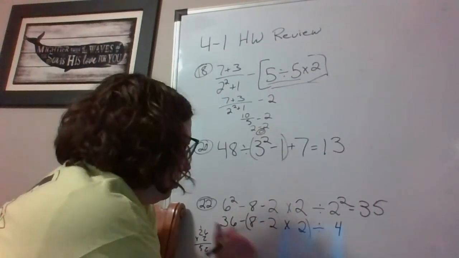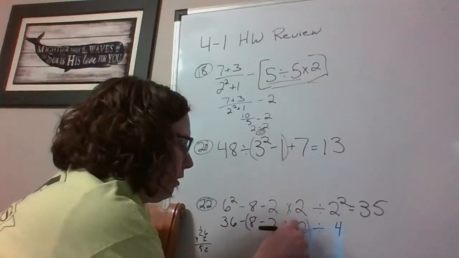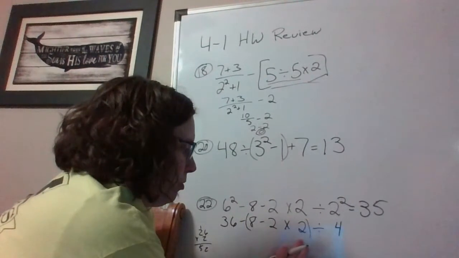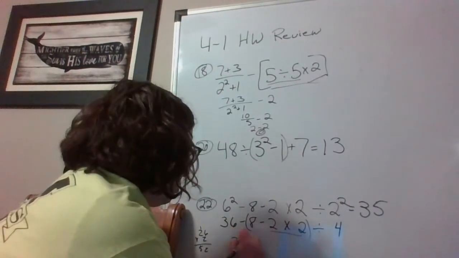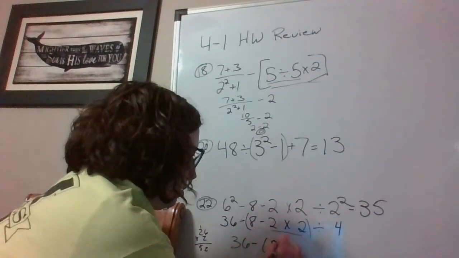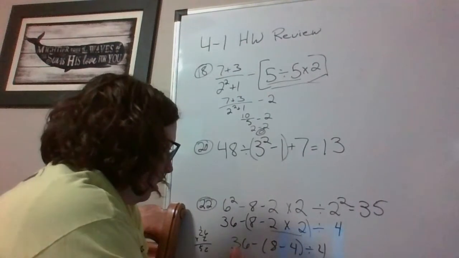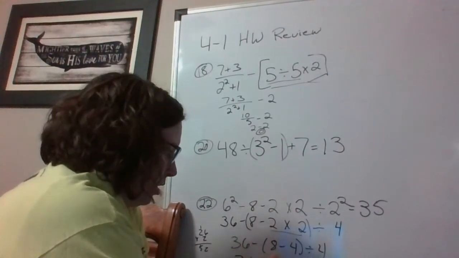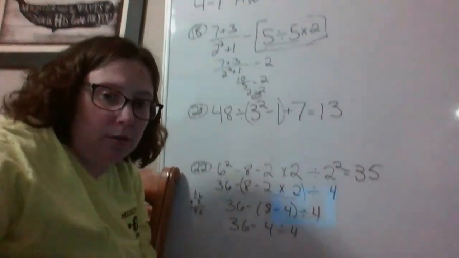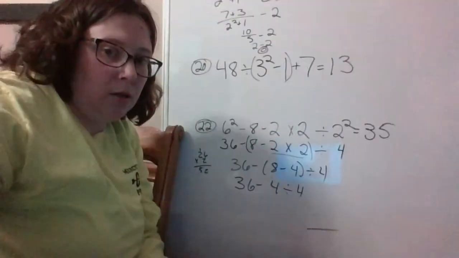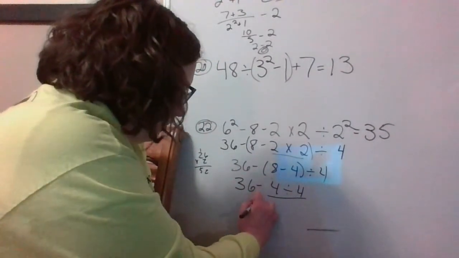So within these parentheses, we think about our order of operations again. No more parentheses, no exponents. So we're going to do our multiplication. And then we do the subtraction. There you go. And then we're going to do this division.